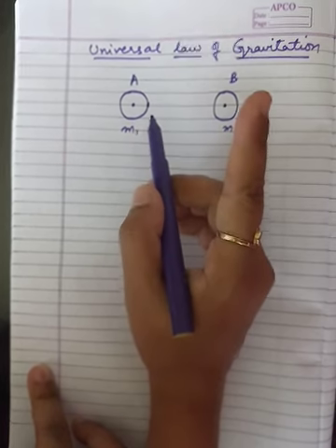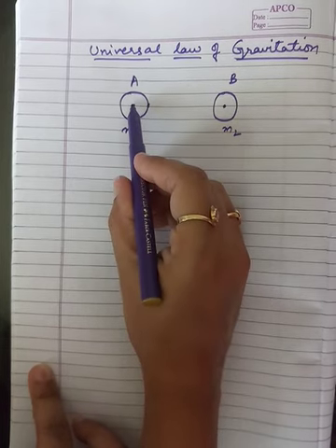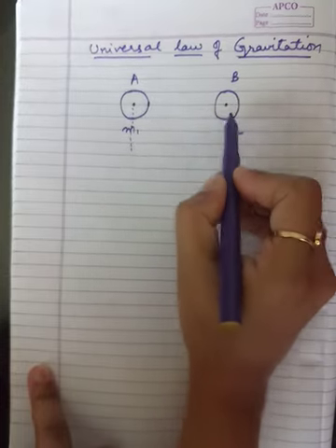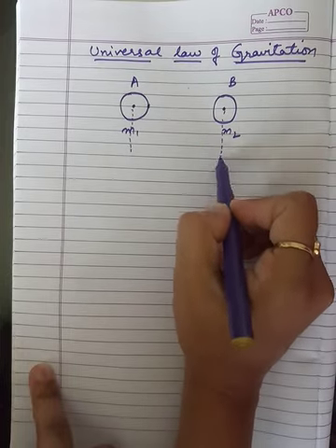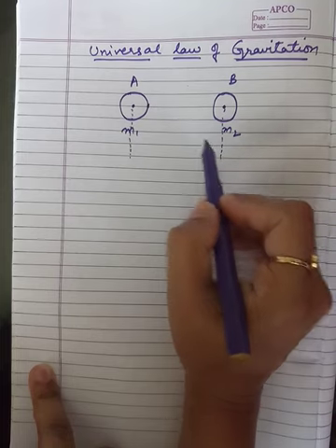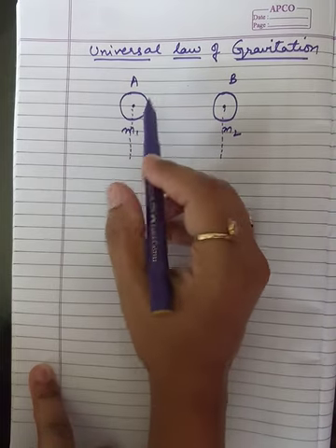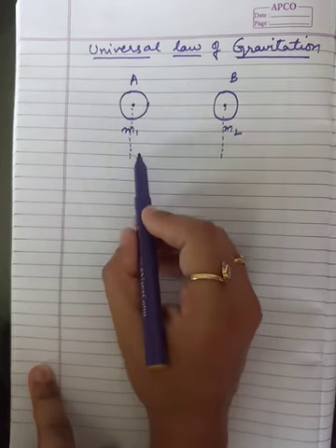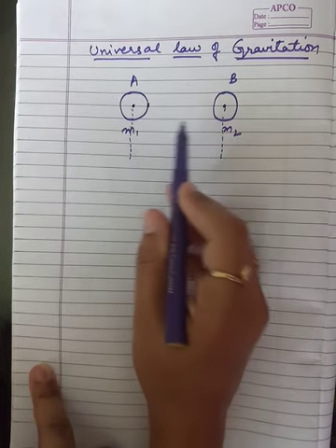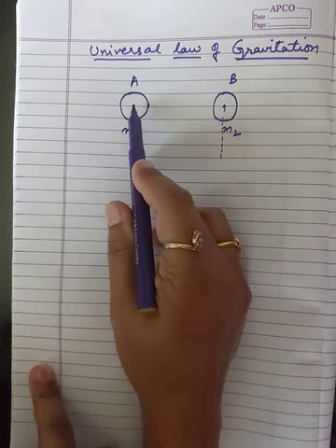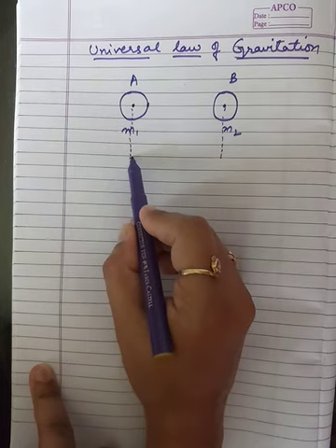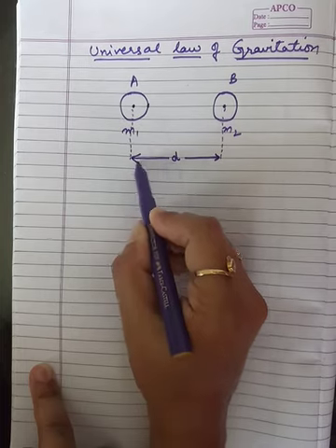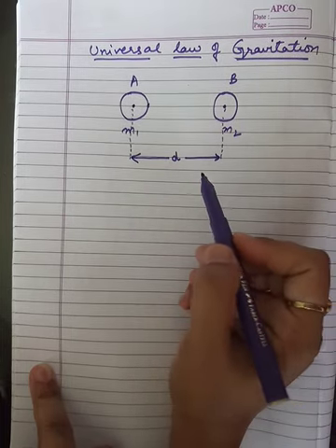The distance should be taken from the center point, the center of the two objects. That is why I was saying in the beginning that it should be considered. The complete distance between the two objects will always be measured from center to center. Let us consider this distance as small d.